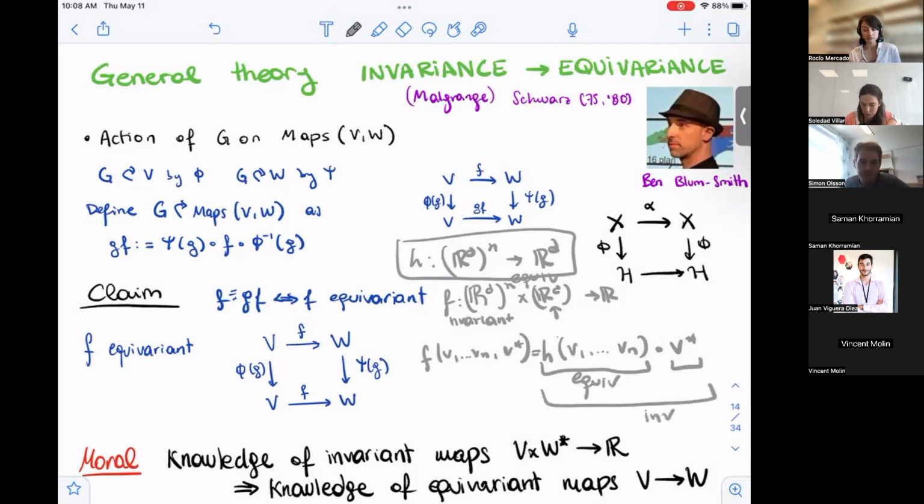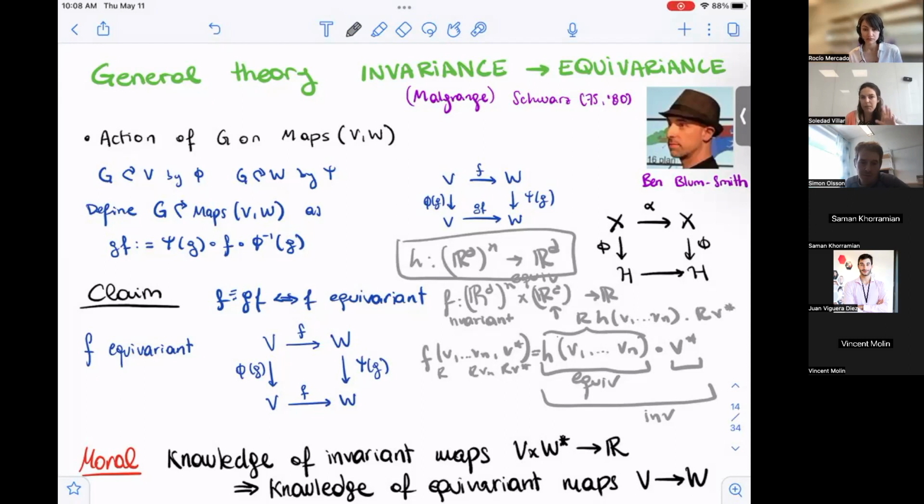Because if I apply a rotation to everything, Rv1, ..., Rvn, Rv star, then when I apply the equivariant function, what I obtain is R h of v1, ..., vn, just because it's equivariant. And then when I take the inner product with R v star, the R's cancel out.